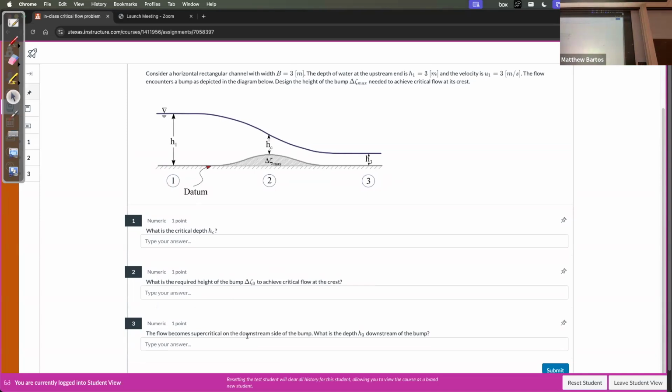This is due next week. I'll give you a bit of time in class next week as well, but I want you to complete as much of it as you can today. I'll be walking around to help as needed. So go ahead and get started on that. I'll check in with you soon.